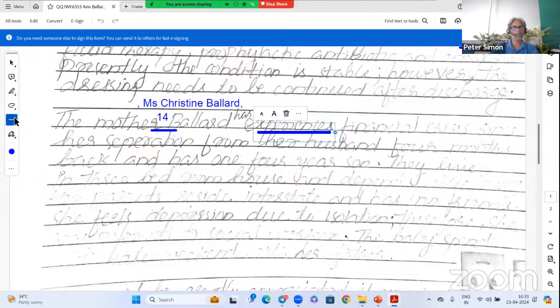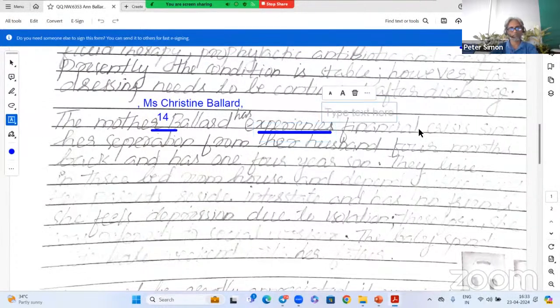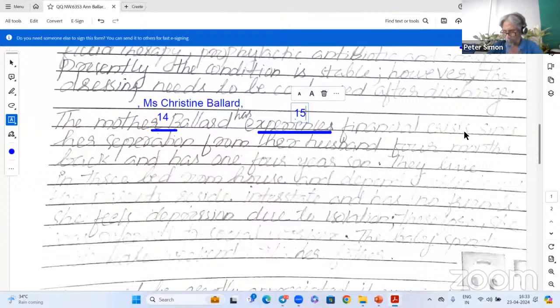So number 15, has been experiencing financial crisis since her separation from her husband 4 months back, and has one 4-year-old son. Not 4-year son, 4-year-old son.